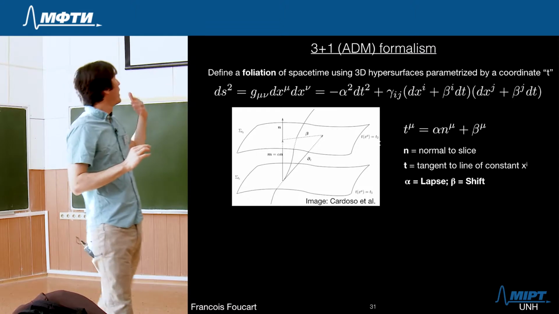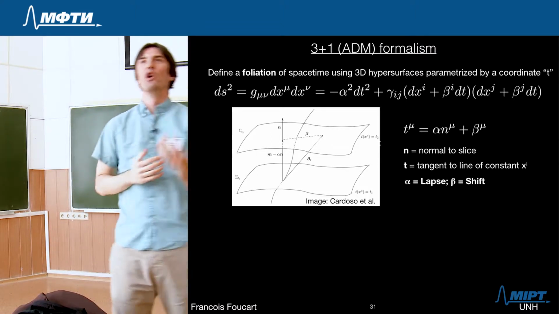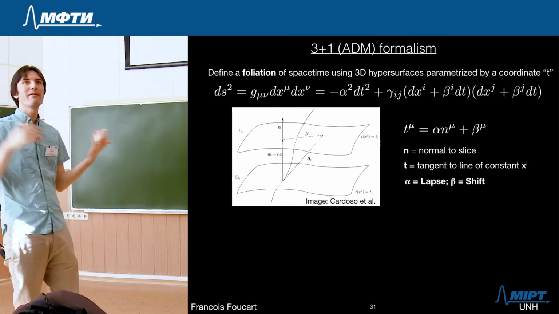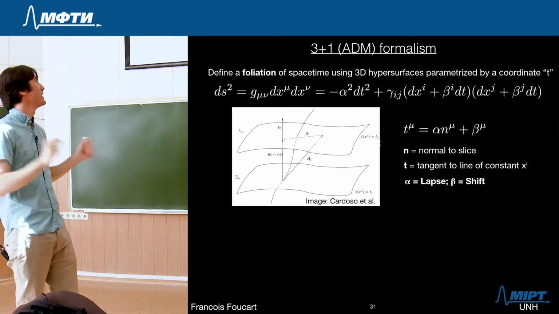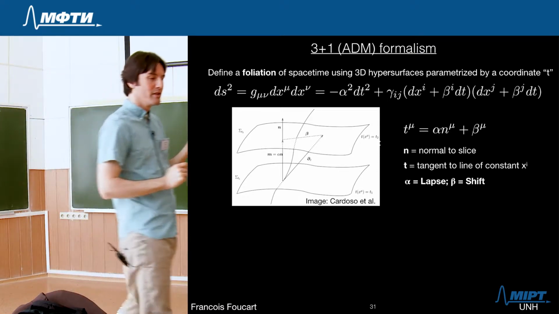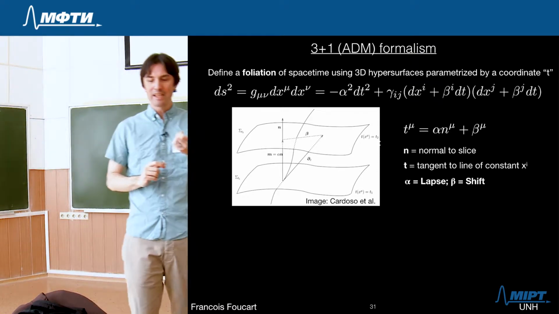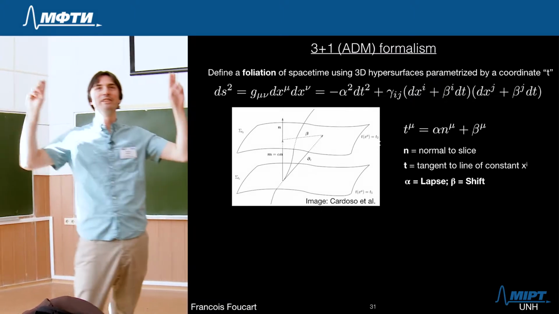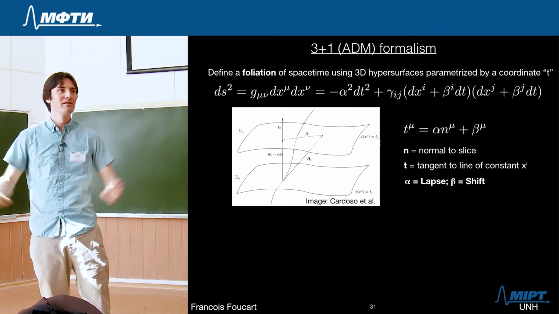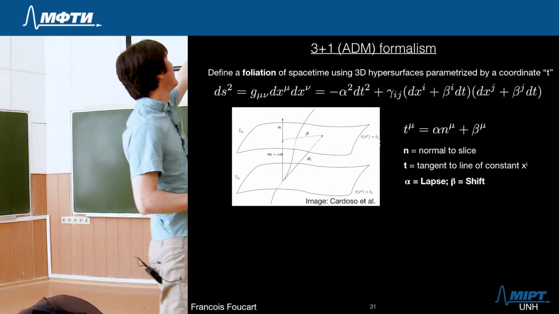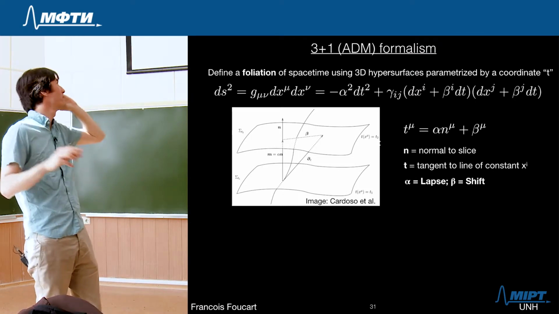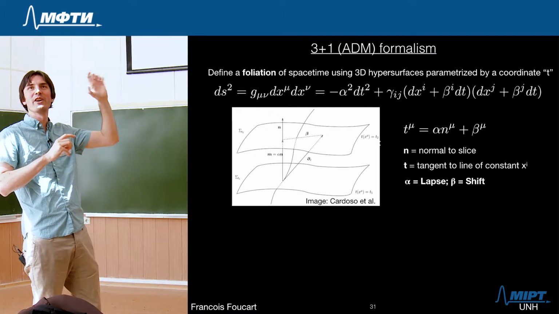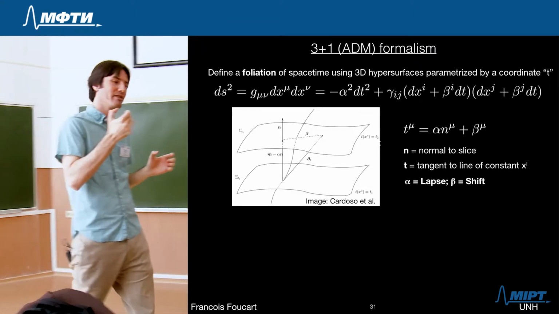And at the same time, even if I was following the normal, even if I was going orthogonal to my slice, because I have arbitrarily decided what time means, there is no guarantee that if I had a clock and I was counting the time it takes me to go from slice A to slice B, it corresponds to the difference in the time coordinate that I have arbitrarily set. And so there is another correction which has to be made to the definition of time here, which is the lapse, which tells you how much time an observer going around the normal would actually see in practice.